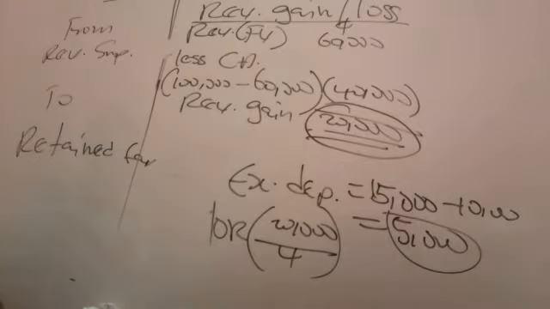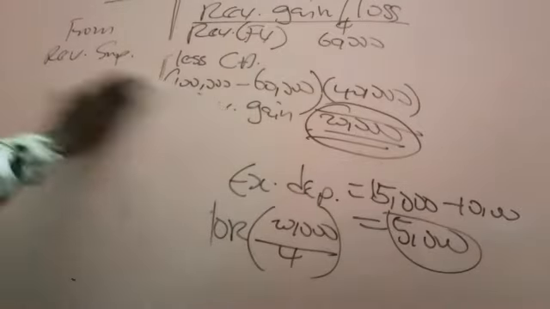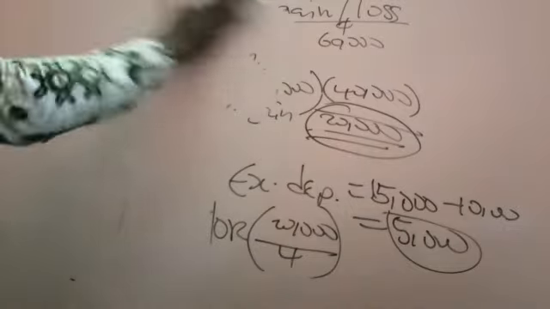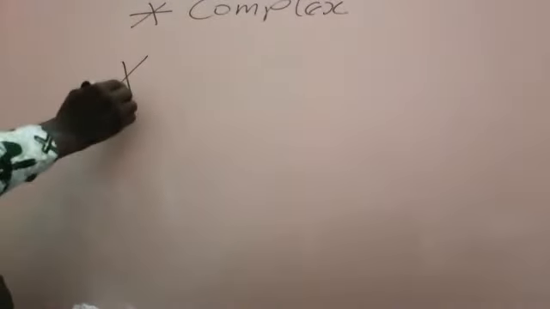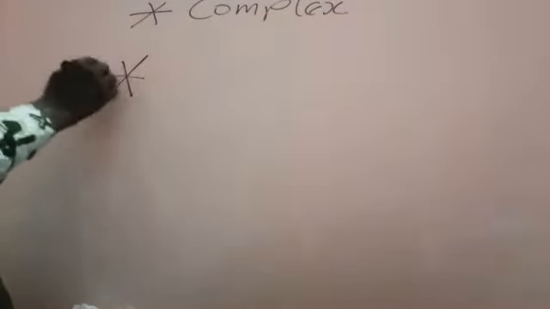Left with 3 issues. Then we are done with IAS 16. So I'll list them down, then we take them one after the other. Issue number 1, you have to look at complex assets. Issue number 2, derecognition of assets.